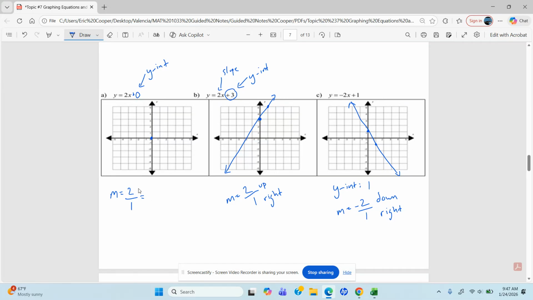We could call it 2 over 1. So we're going to go up 2 and to the right 1 from the origin. So from the origin, we'll go up 2 and to the right 1, and we'll connect our line. So if we don't see a number at the end of our slope, that is just telling us that the y-intercept starts in the middle.